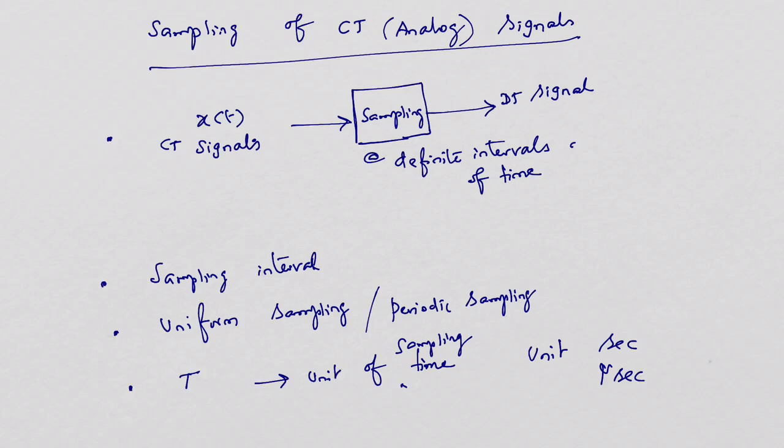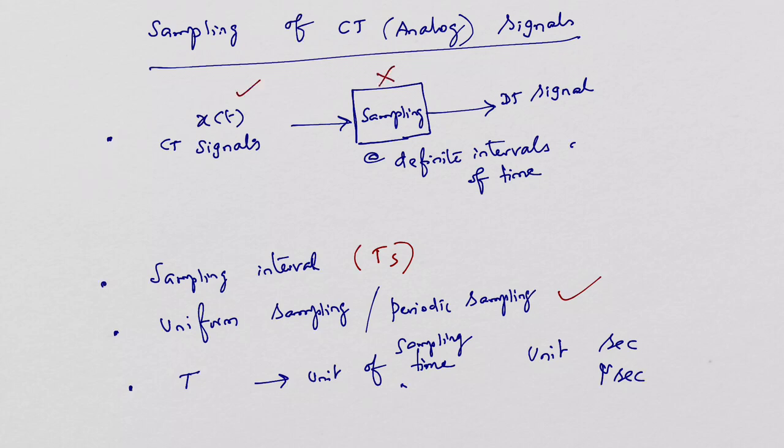The time interval between two successive samples is called the sampling interval, and it will be uniform, the same. Such type of sampling is called periodic or uniform sampling. So x of t, the continuous time signal, will be the input.